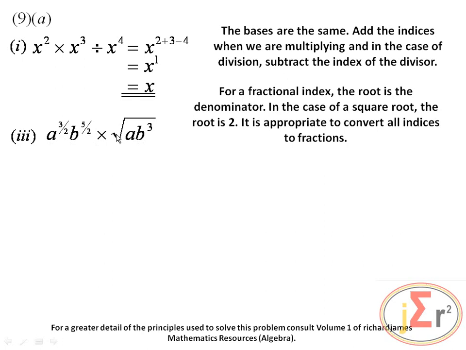In the case of a fractional index, the root is the denominator. So we are talking about square root. The root is 2. The denominator is 2. Of course, in the case of a that we have here, the default index is 1. So we will have, in this particular case, a to the power of a half, or 1 over 2, and b to the power of 3 over 2.